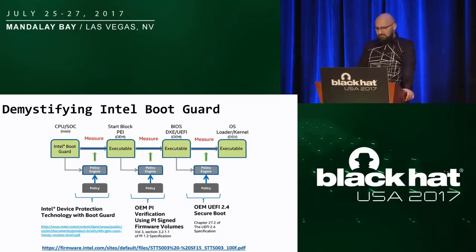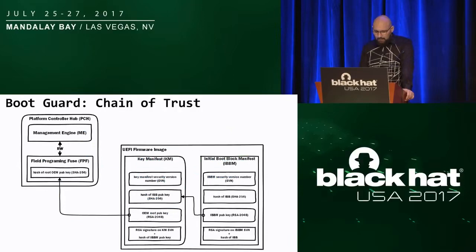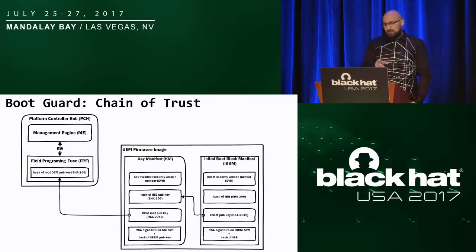Okay, in 2015, Intel dropped on the Intel IDF forum this picture, which is very interesting, and we can see different policies, but it's not really clear what is going on. This part is locked by field programmable fuse. This part is the initial boot block, and the policy engine at the beginning is the ACM. Okay, and this is what the previous slide says specifically. We can see that on the PCH we have the field programmable fuse.